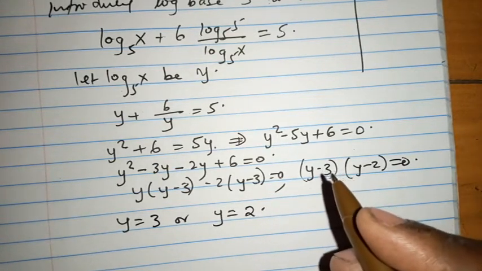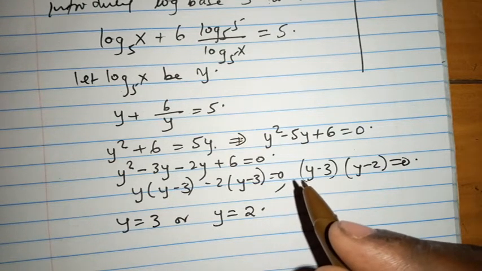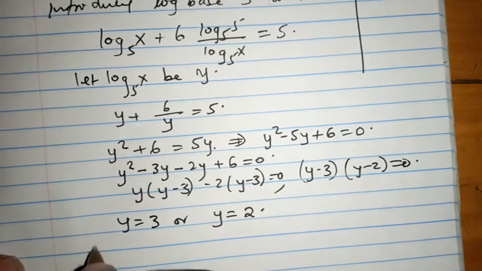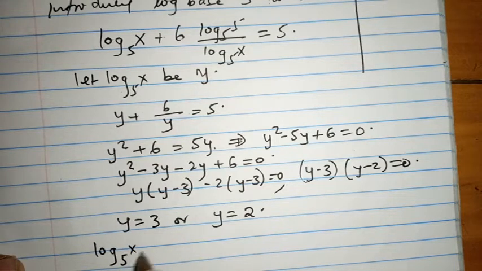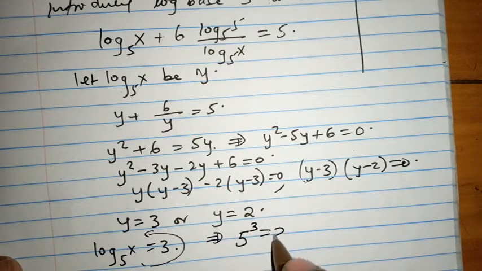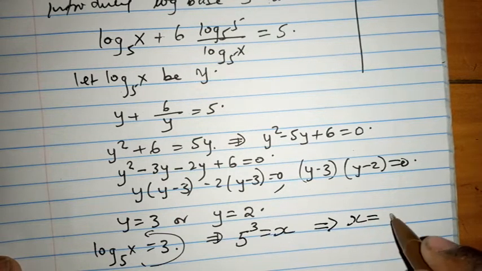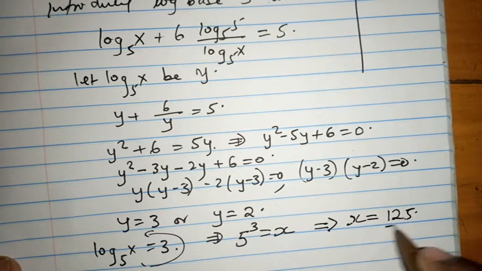But wait a minute. y was log to base 5 of x. So we can easily say log to base 5 of x is 3. And if you just take the anti-clockwise movement, you're going to have 5 raised to power 3 is equal to x. And this is x is equal to 125.